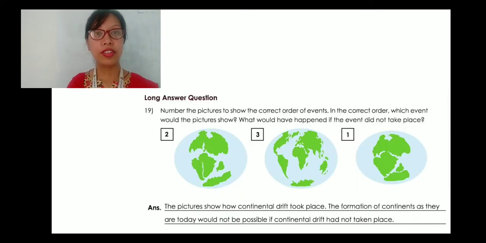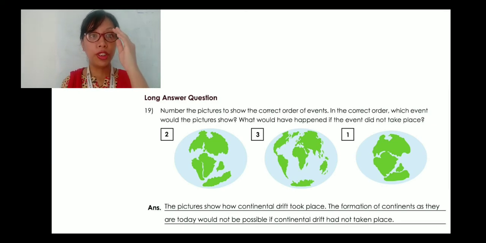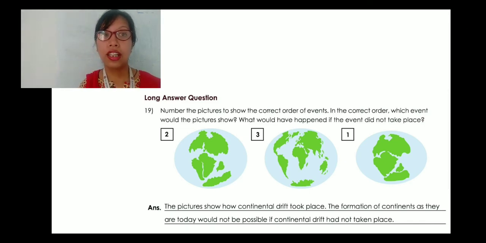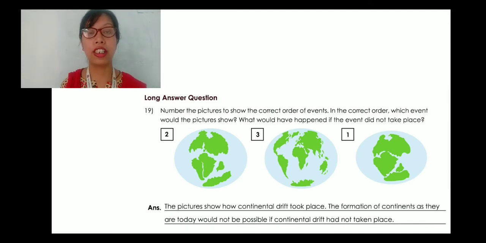Now let's move to the next one. As you can see here, I have already given the answer, so you can note it down from the screen. So, long answer question. Number the pictures to show the correct order of events. Which event would the picture show? What would have happened if the event did not take place?